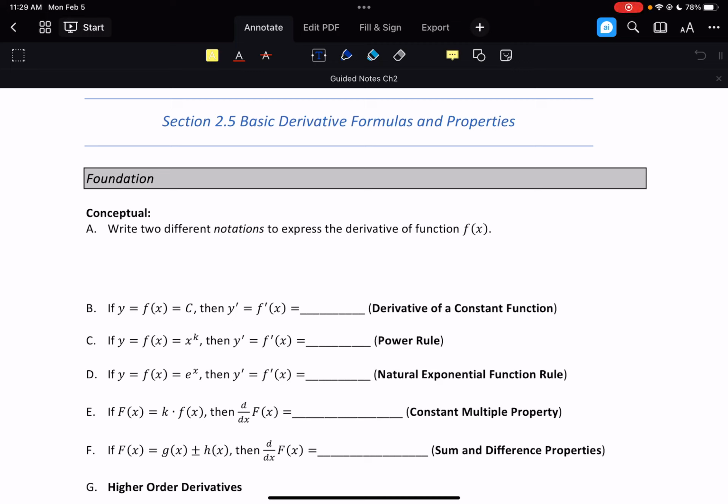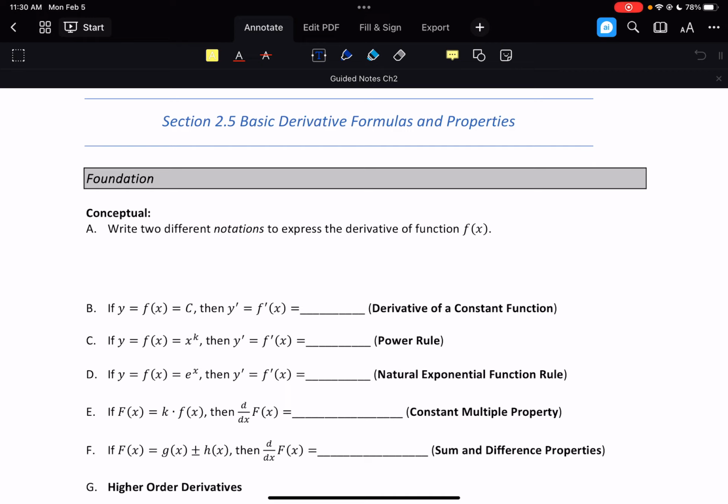Welcome to section 2.5. In this section, we're going to be looking at some properties and formulas for derivatives of many different functions. In the previous sections, we have looked at the foundation of the derivative, how we define it using its limit definition.